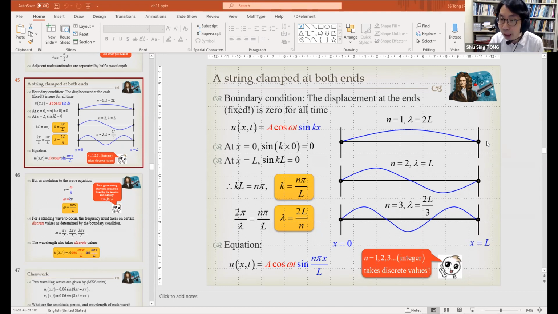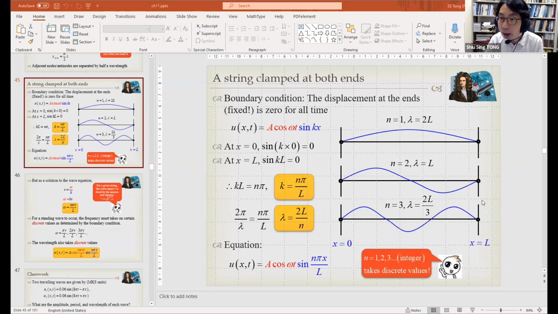This side I call x equal to 0, the other side I call x equal to L. To match this boundary condition, I choose the sine function for x, sine kx. The boundary condition at x equal to 0 is automatically satisfied because when I put x equal to 0, the sine is 0. So it's always undisturbed here.